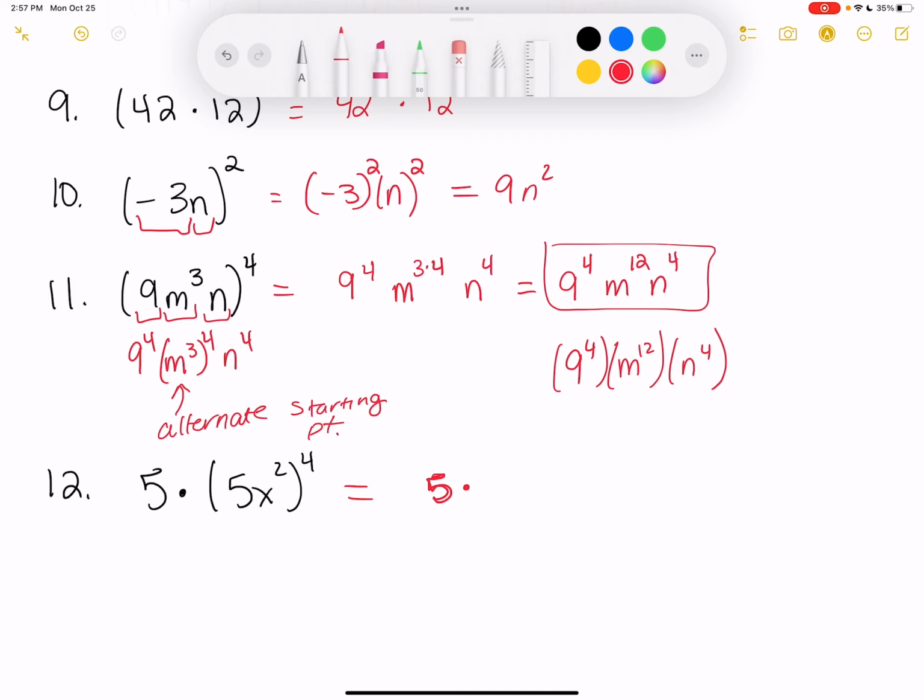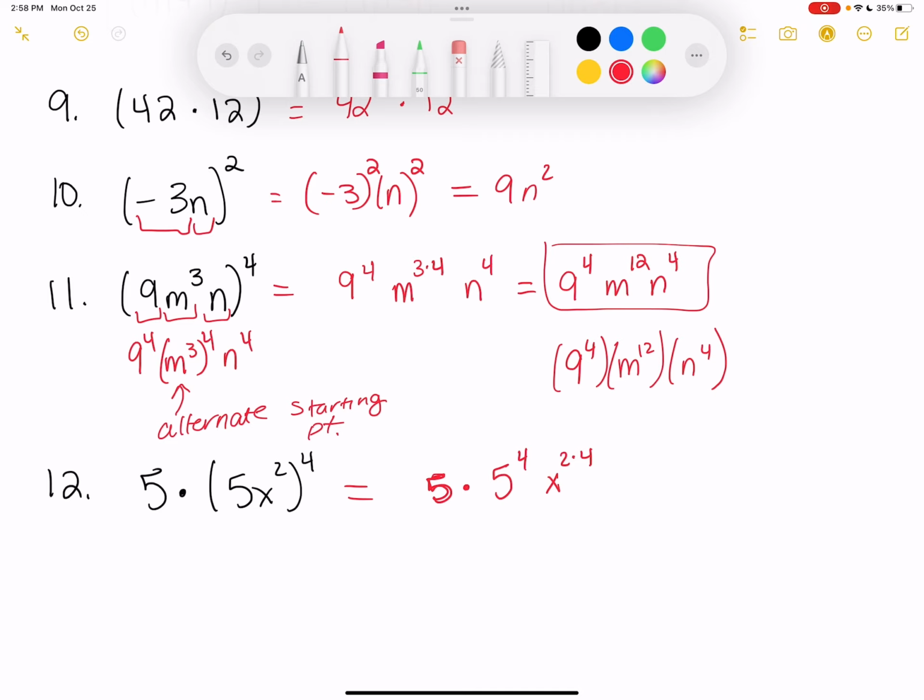So what is happening here? How do I need to rewrite this part? Are you just going to put 5x with 2 times 4? No, like this. The 5, it's 5 to the 4th, and then x to the 2 times 4. The common thing that I do see a lot, and it's happened a couple times in here as I've asked questions, is that we forget to put the 4 on the number as well.